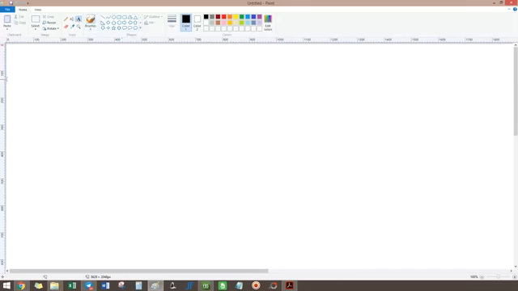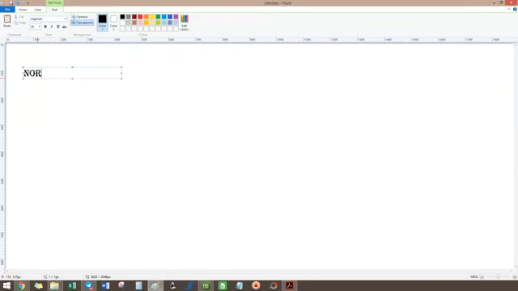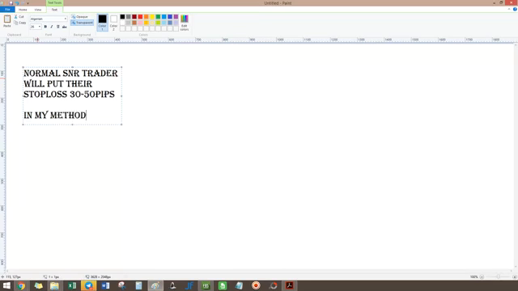A normal SNR trader will put their stop loss about 30 to 50 pips. In my methodology, this is a stop hunting range.